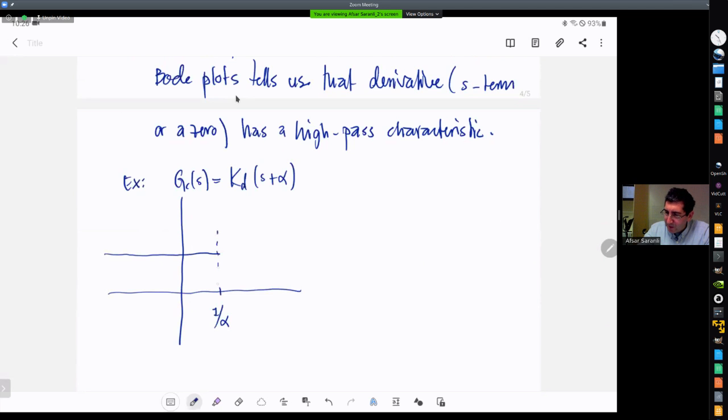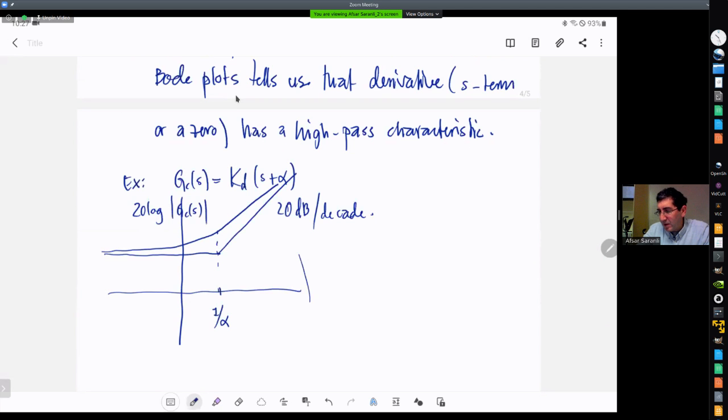And then at this point, the asymptote will start increasing at 20 dB per decade. So the actual response will look something like this, in the log scale, 20 log GC of S. So you see that this exponentially amplifies high frequencies.